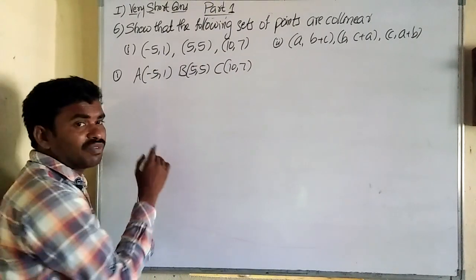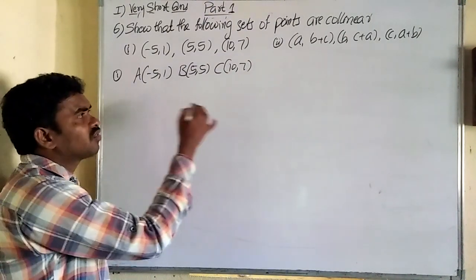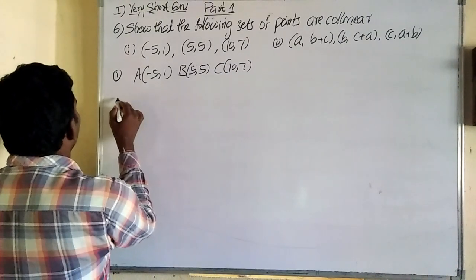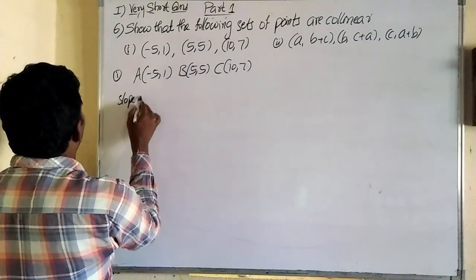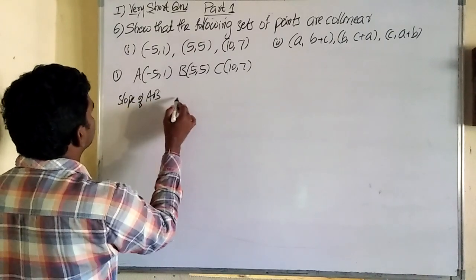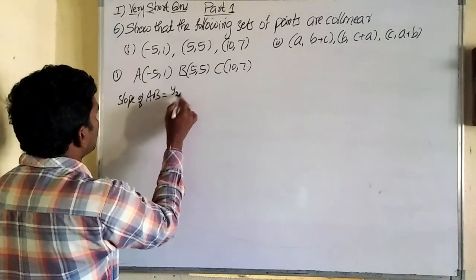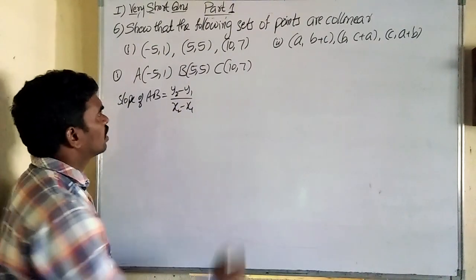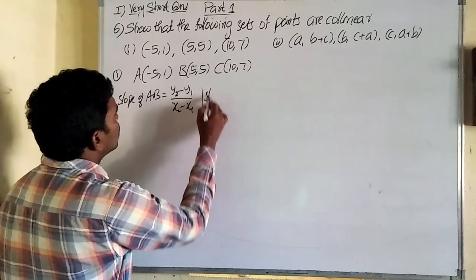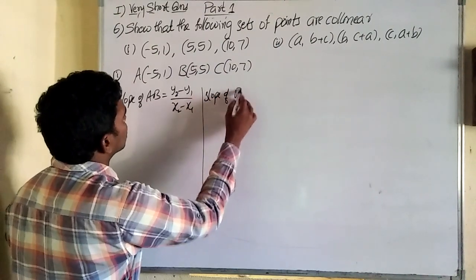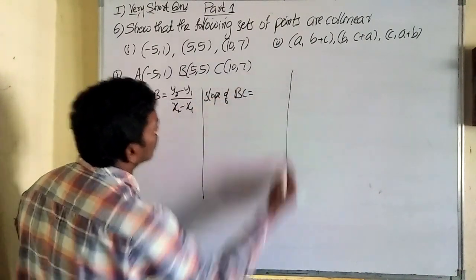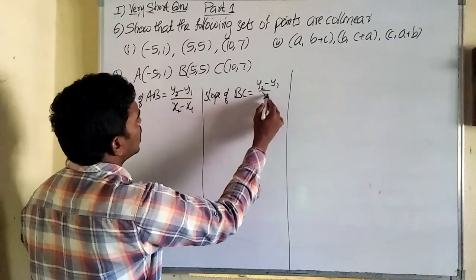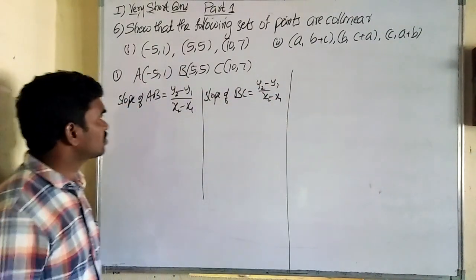So we should find the slope of AB and slope of BC. If both are equal, then we can write collinear. First I am finding the slope of AB. The formula is y2 minus y1 by x2 minus x1. Next, I will find the slope of BC, and for this also the formula is y2 minus y1 by x2 minus x1.